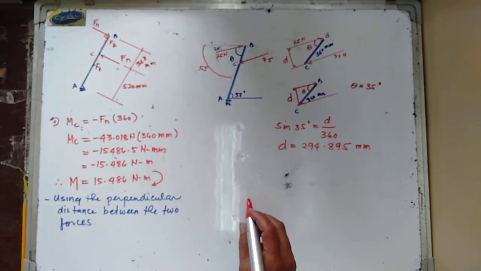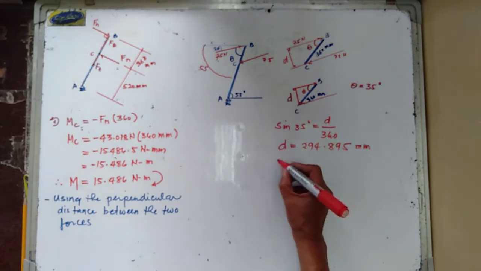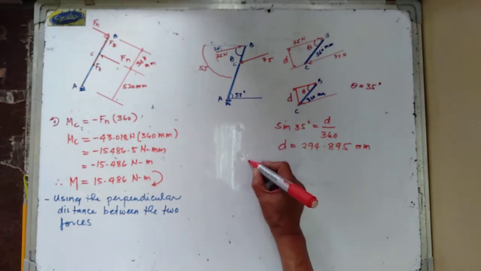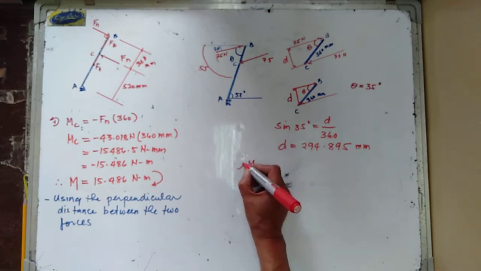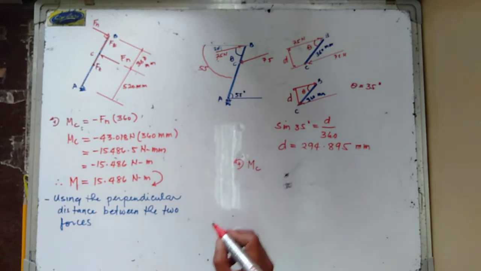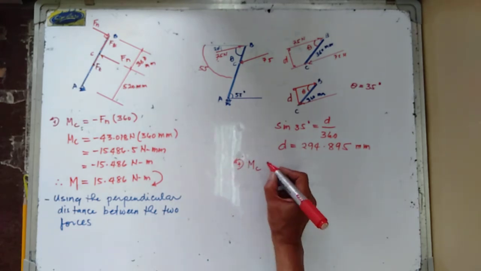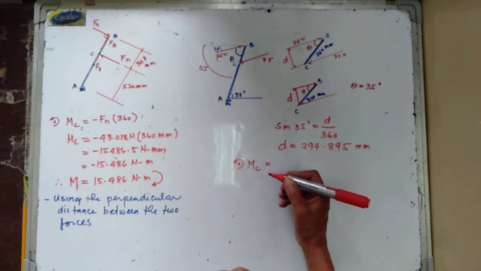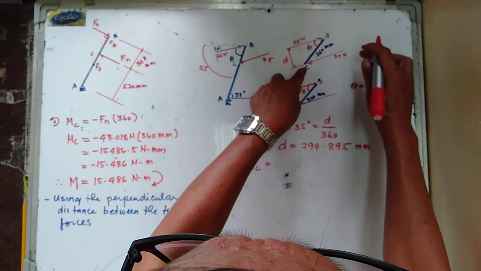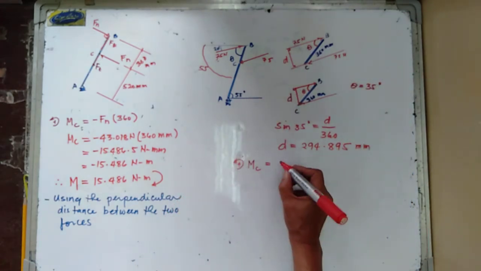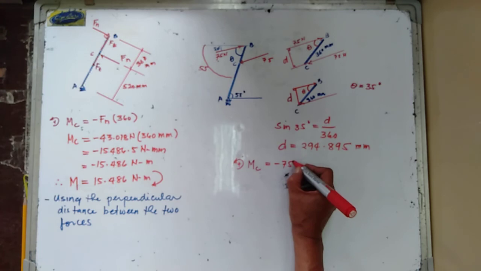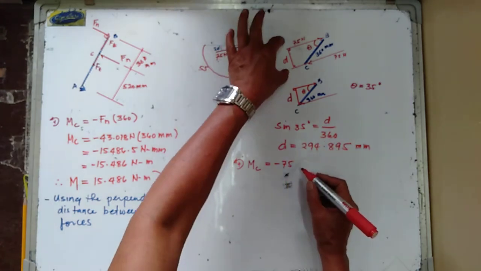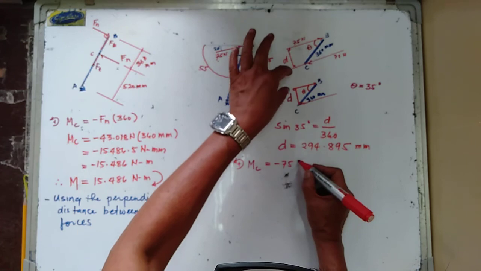So if you are going to get moment about point C again, counterclockwise moment positive, this one is equal to negative 75 multiplied by D. And what is the value of D?